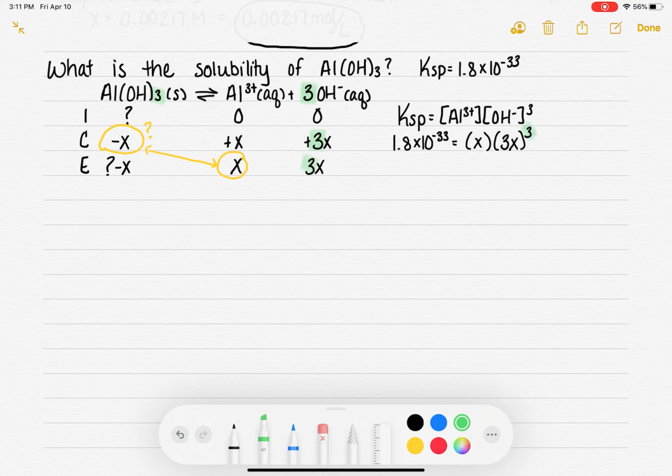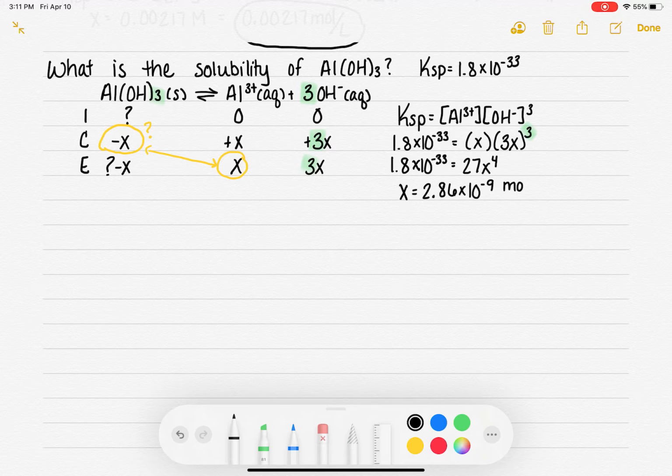That 3 gives us that 3 right there. So this is going to be 1.8 times 10 to the minus 33, which is equal to 27X to the 4th. And if we solve for X here, we get, I believe, 2.86 times 10 to the minus 9.